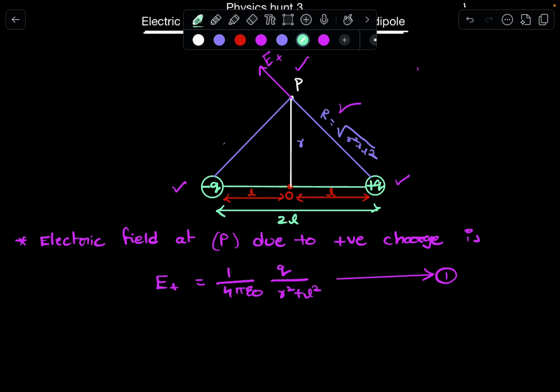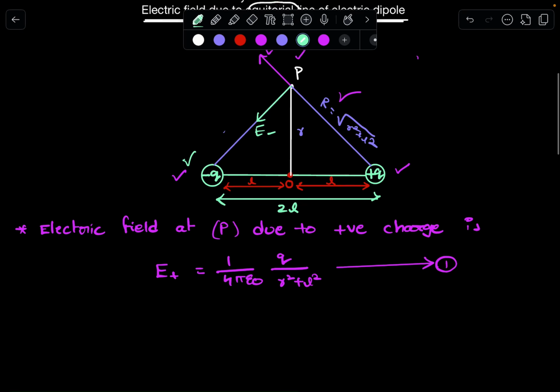Now at the same point I'm going to calculate the electric field due to the negative charge. The electric field is acting towards the negative charge direction, that is E minus. For this I'm going to write an expression.